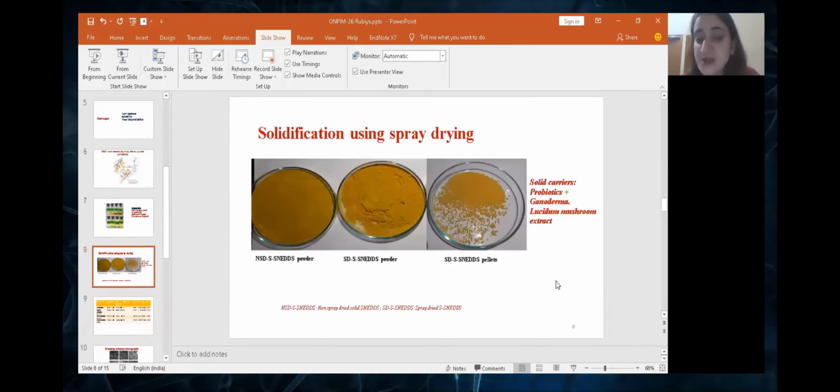Further, we have solidified this liquid SNEDDS using a combination of solid carriers, probiotics, and Ganoderma lucidum mushroom extract powder. These have been converted into solid powder by using spray drying technology, and further, this powder has been converted into pellets.